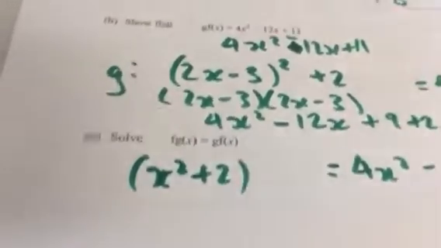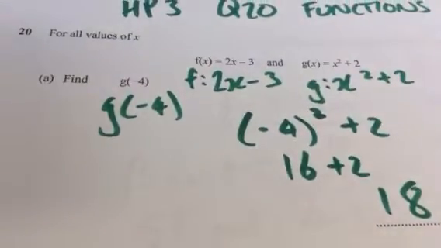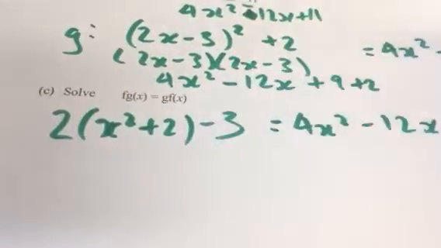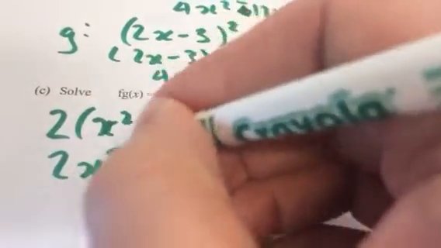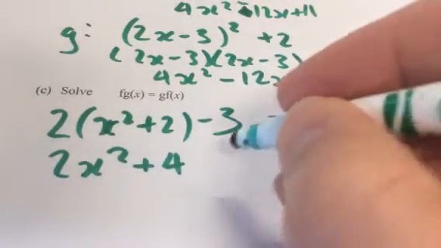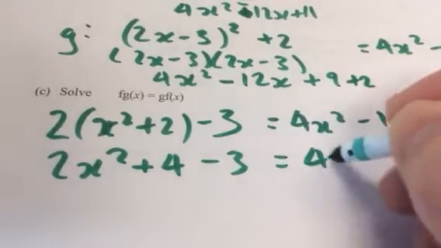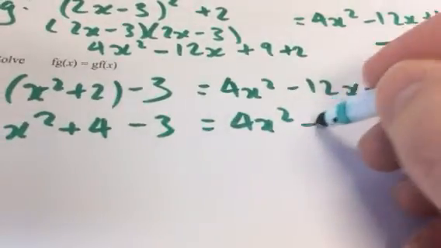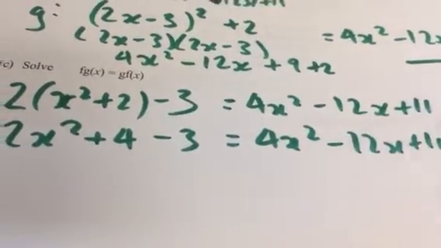Now f was 2x minus 3. So 2 of that minus 3. So 2x squared plus 4 minus 3 equal to 4x squared minus 12x plus 11.